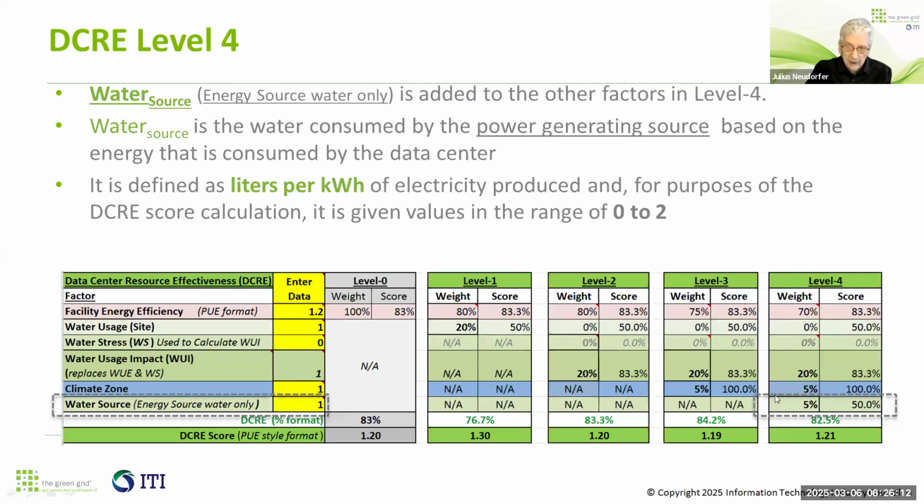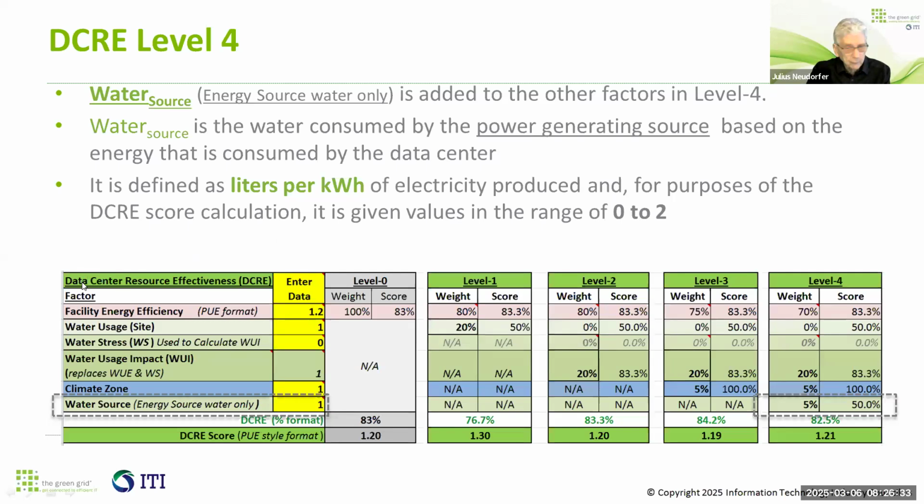We put this off for last because we feel that rather than have anybody be forced to consider this at every level, this is the one that is most difficult to obtain, especially when there's purchased power, which is also one of the reasons we deferred purchased power to be handled in a future version of the metric.